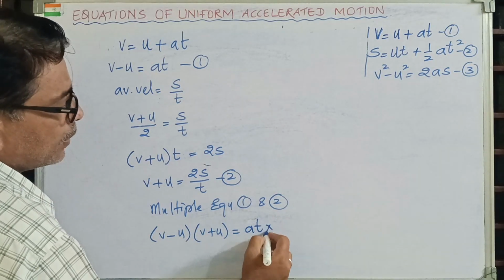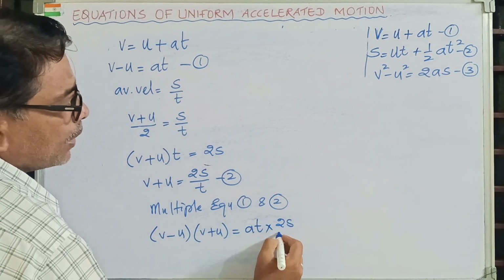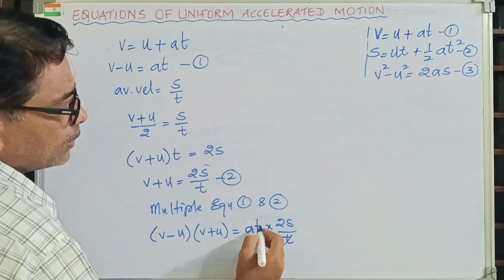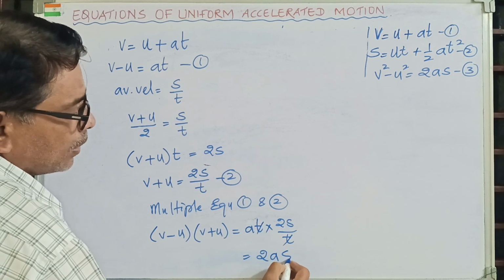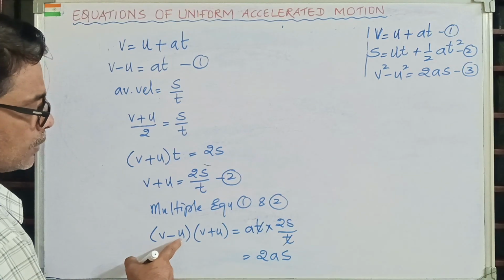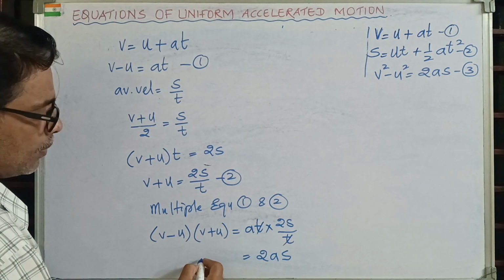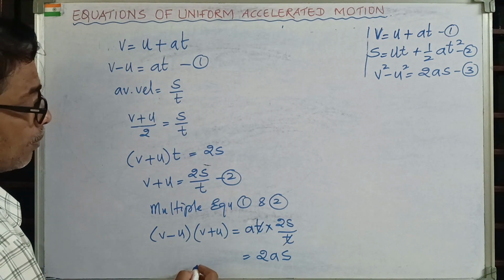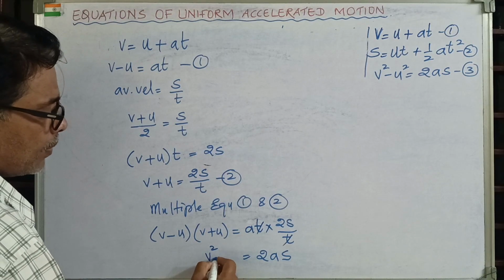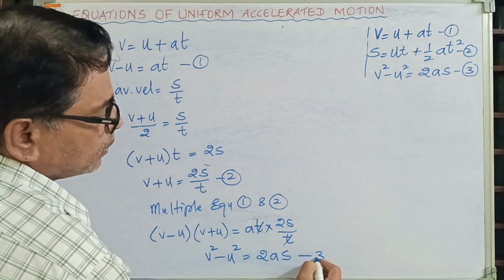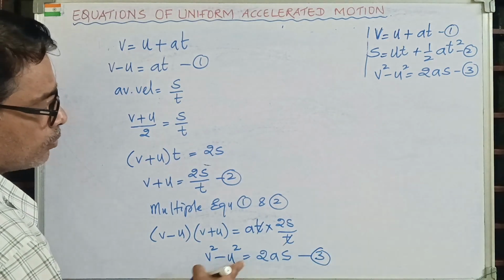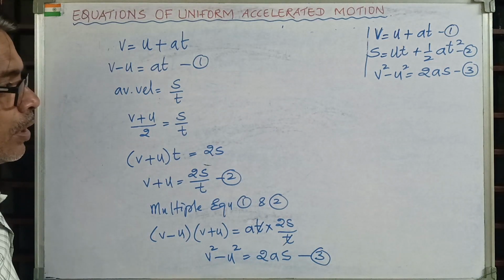For the second one, it is 2s by t. So this t and t get cancelled. So your answer is 2as. Meanwhile, a minus b into a plus b is nothing but a square minus b square. So it is v square minus u square. There it is, your third equation. v square minus u square is equal to 2as.